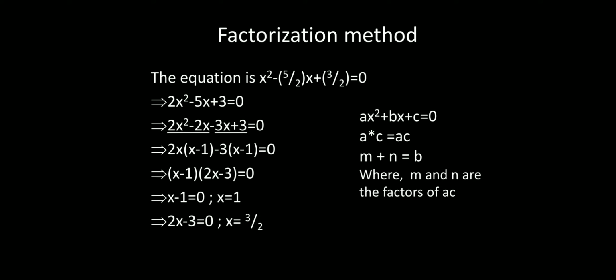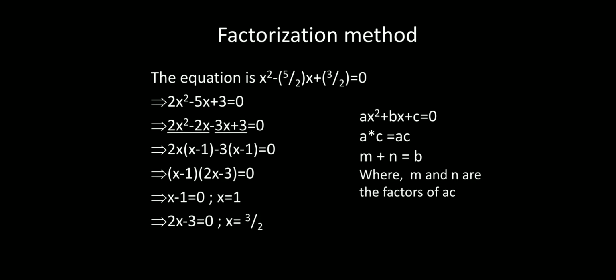When the equation is ax square plus bx plus c equals 0, we multiply a and c, the coefficient of x square and the constant term, and then we find two numbers that add up or subtract to give b, where m and n are the factors of ac. You can see m plus n will give you b, where m and n are the factors of ac. I hope you have understood.